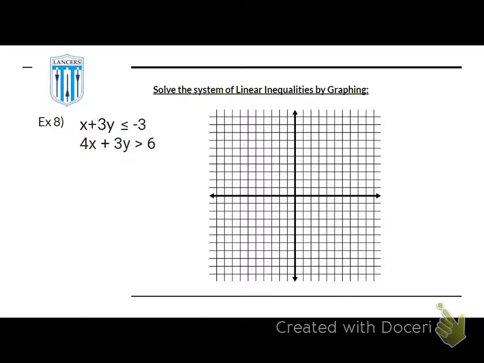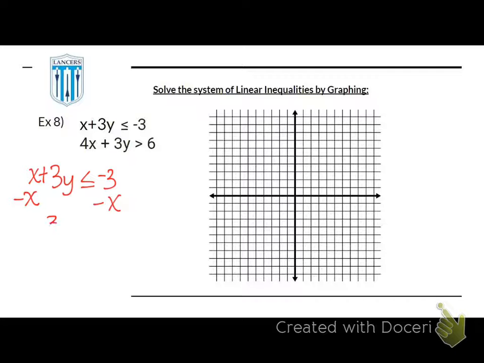To number 8. What is special about number 8? They're both out of order. Neither of these are ready to be graphed yet. So we'll start with the top one and deal with it. Then we'll worry about the second one. How am I going to put this in slope-intercept form?